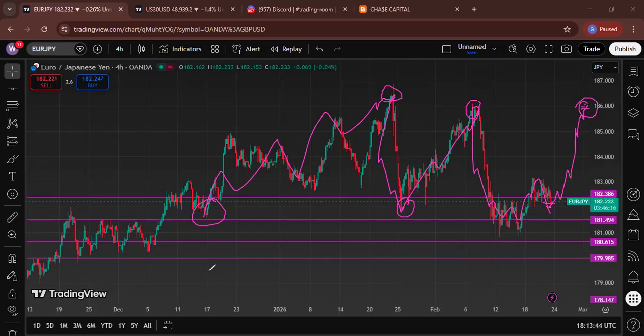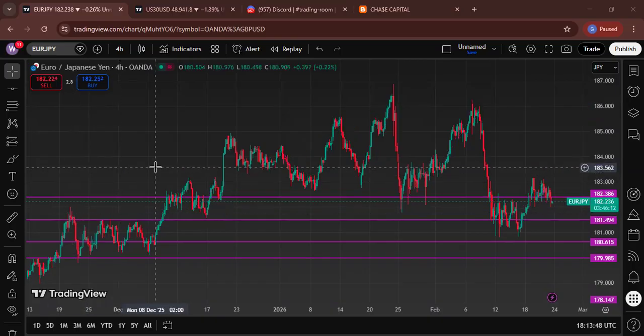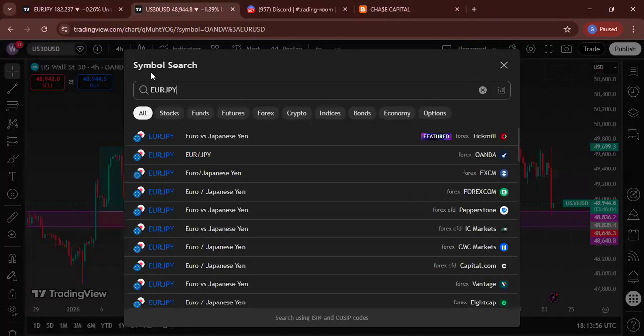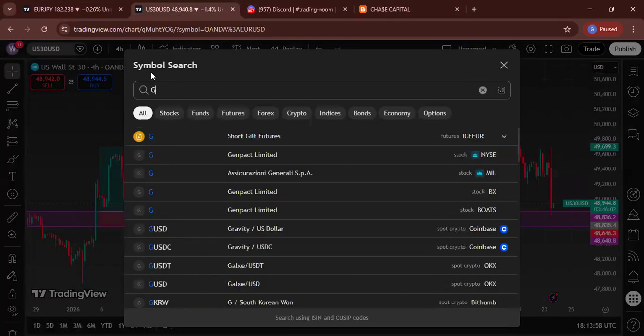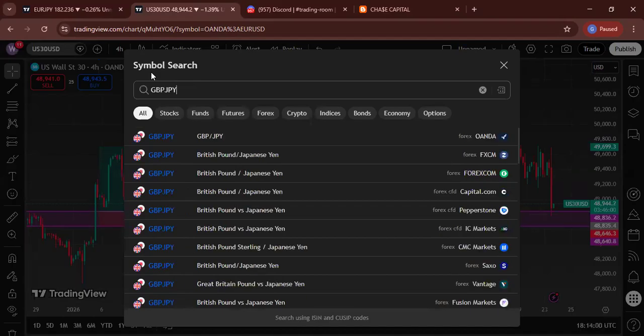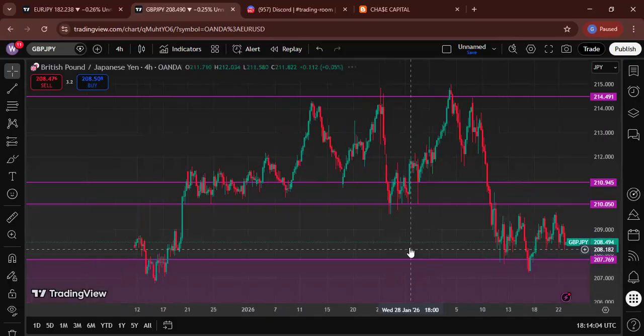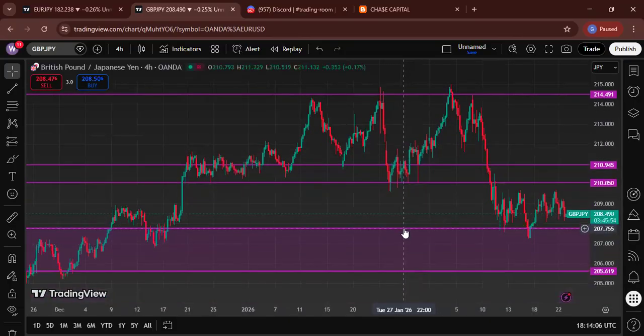So this one is a better quality setup than USD JPY. So you have Euro JPY, then GBP JPY. There is GJ. Ah, nice.